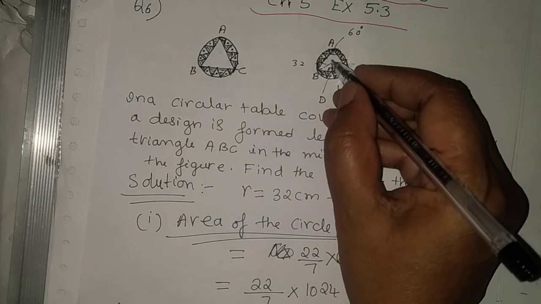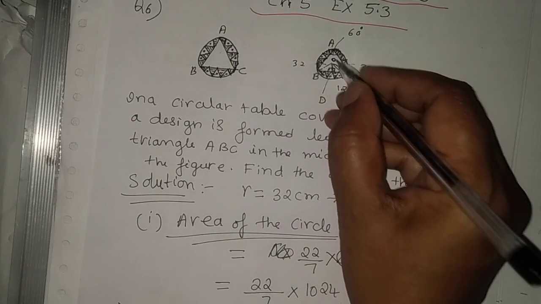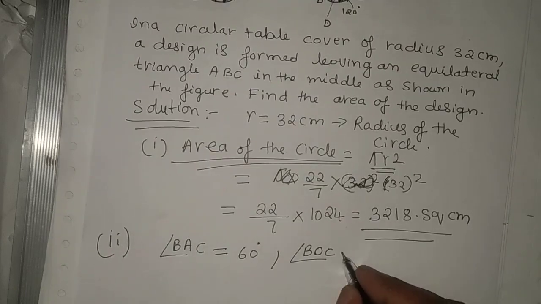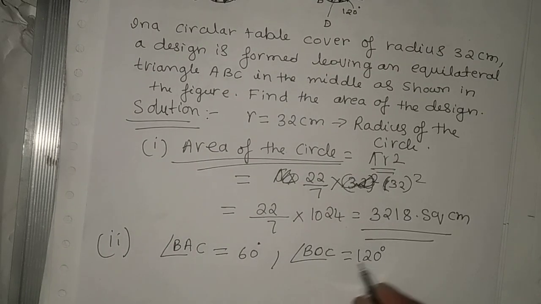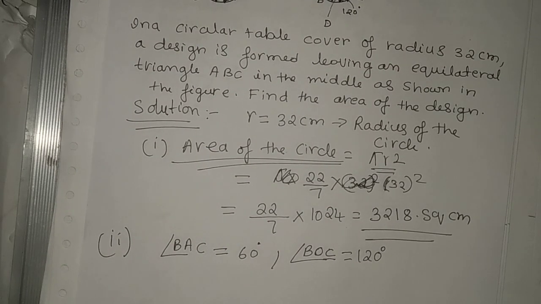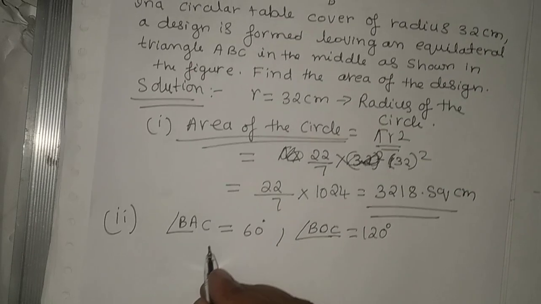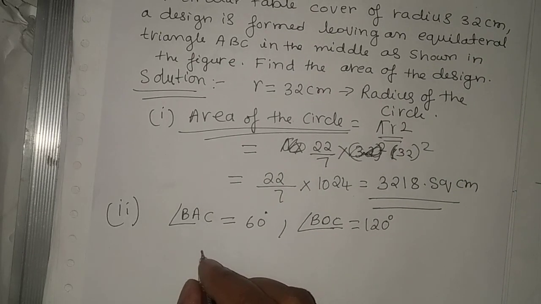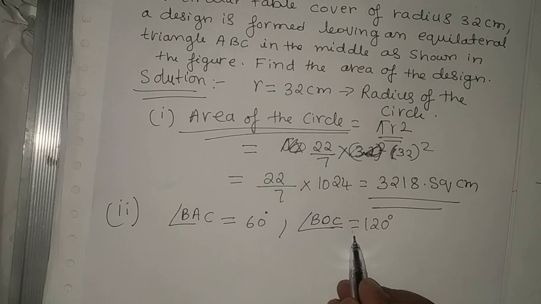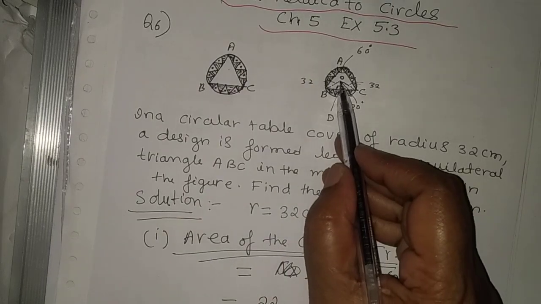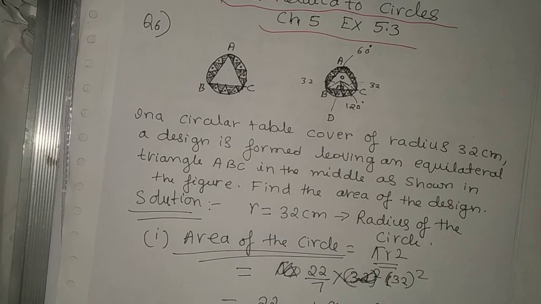This is the center of the circle, this is O. Angle BOC is equal to how much? 120 degrees. Since it's an equilateral triangle, the angle at the center will always be 120.